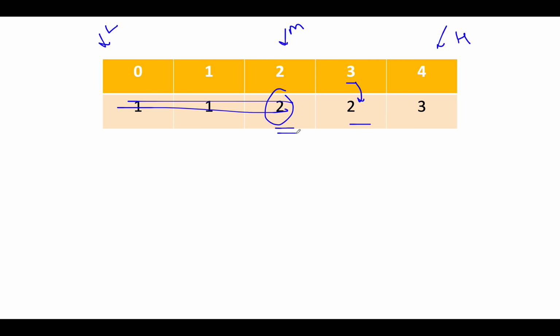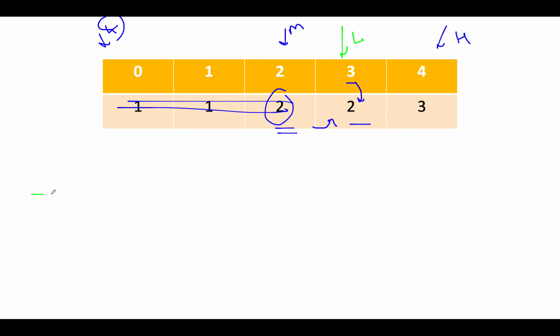We have observed that the frequency of 2 and its immediate right element is also 2. In those cases we can simply give away the left part of it. So the low pointer, as a result, gets updated to mid plus 1. So let me just change the color of the pen and let's write here low.